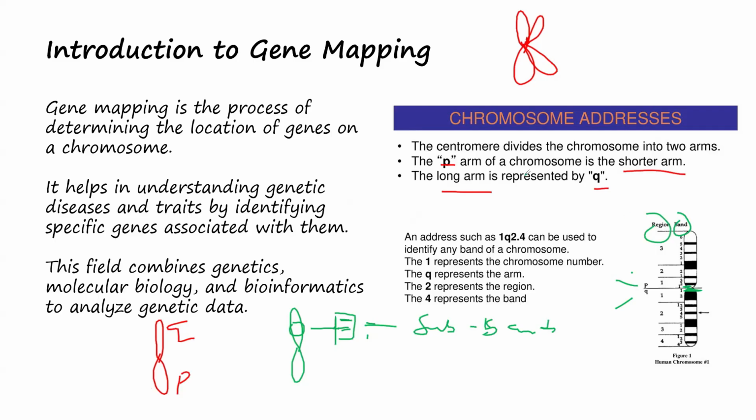Assuming you have an address like this, 1q2.4, the 1 here means chromosome 1, the q means the long arm, the 2 stands for region 2, and any number after the point is the sub-band. So it means chromosome 1, q arm, region 2, and sub-band 4.